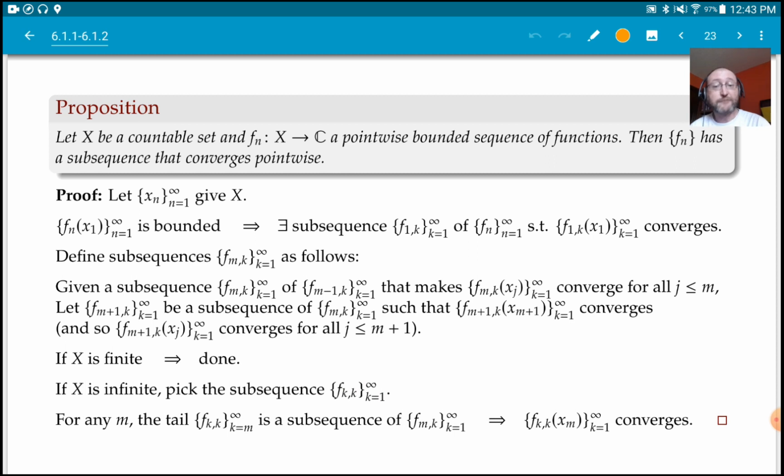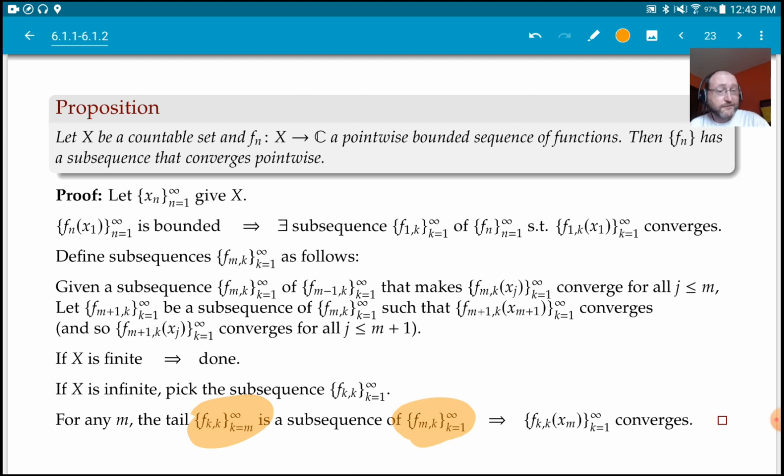And now, by m tail, I'm basically going to cut off the first m minus 1 elements of the sequence. So if you start the sequence at m, well, it's a subsequence of the mth subsequence.